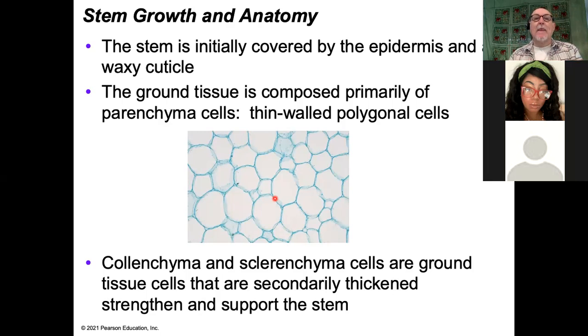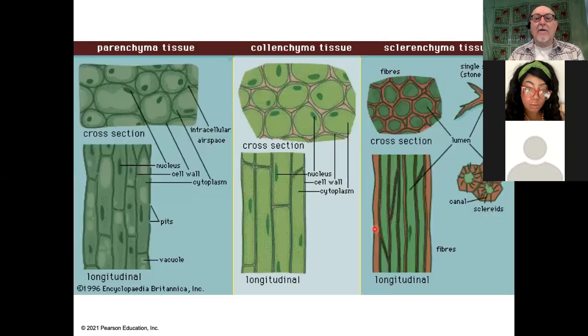But this parenchyma can be thickened, and when it is thickened, it turns into other kinds of tissues. And the most important ones are called collenchyma and sclerenchyma. Here, for example, this is just ordinary parenchyma tissue.